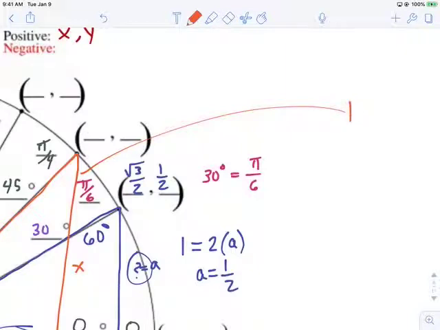Radius is 1, and it's equal to leg times square root of 2. Solve for x, and you get x is equal to 1 divided by square root of 2. If you rationalize the denominator, square root of 2 over 2. Do you see how you can fill in all this information just from knowing a few things?